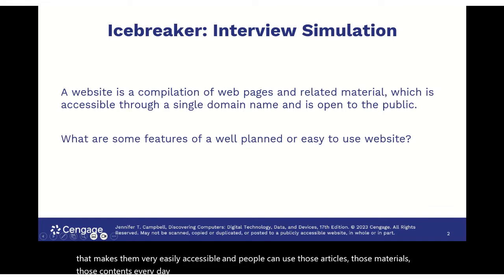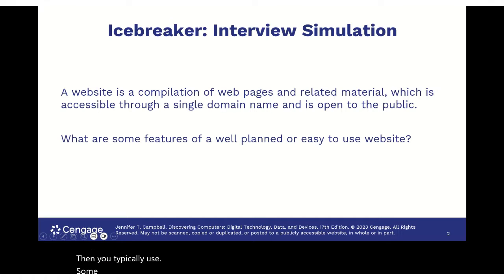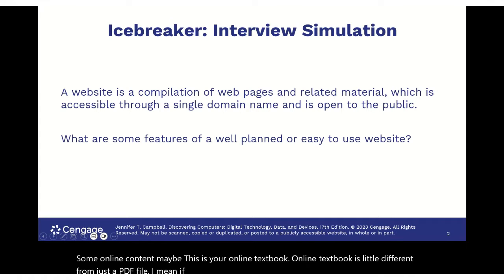For example, when you study something, you typically use some online content. Maybe this is your online textbook. An online textbook is a little different from just a PDF file. If you go to online textbook sites, you will find that there have been a lot of improvements recently.